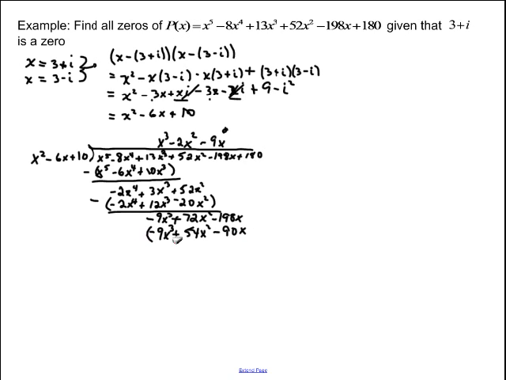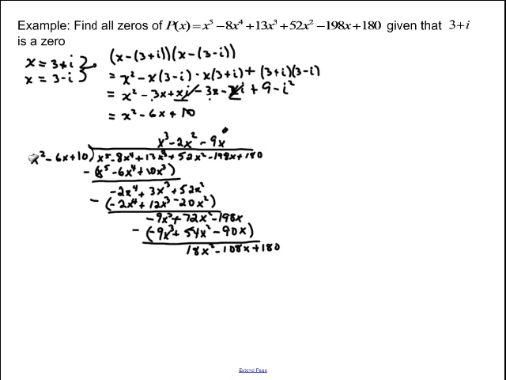So I'm going to subtract that quantity away. It will give me the difference between 72 and 54, that's 18x squared. 198 minus 90, so that's minus 108x. Bring down the plus 180.